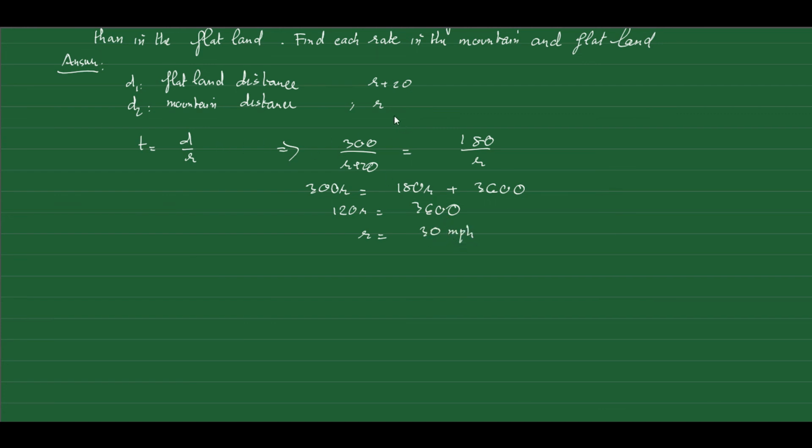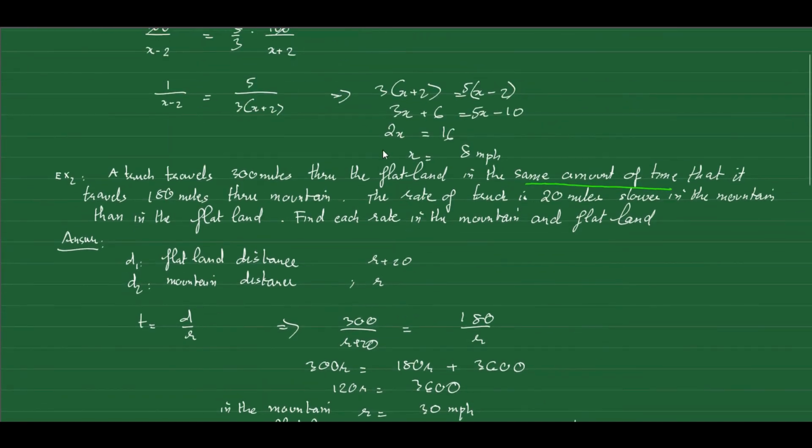That will give you the rate of the truck in the mountain. In the flatland, you just add it. R will be 30 plus 20, 50 miles per hour. There you go.